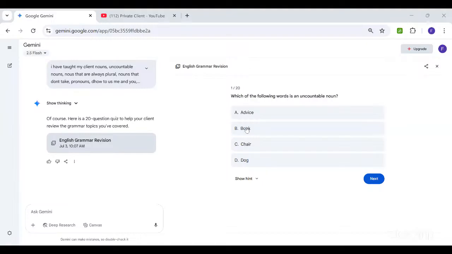Okay, so number 1 says, which of the following words is an uncountable noun? Advice, book, chair, dog. A. So let's talk about the word advice.